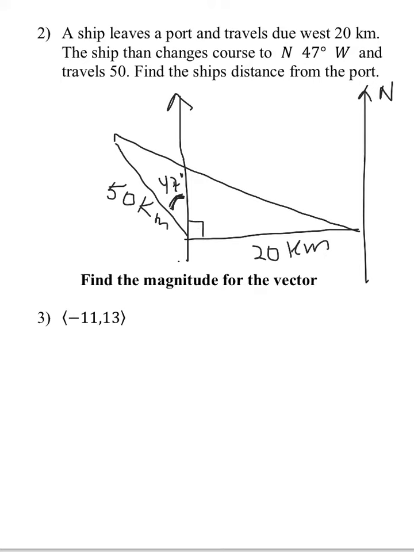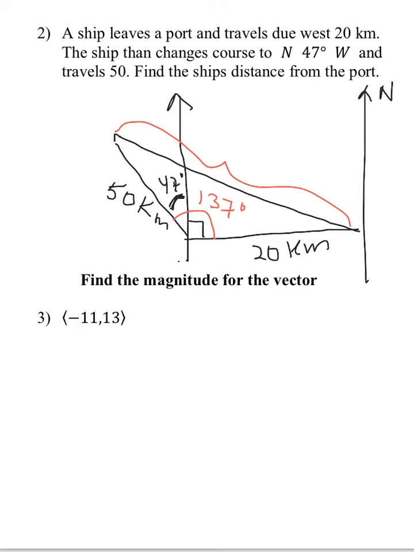What we're going to have to do is, this one right here is a 90 degrees, this one over here is 47 degrees, and I need to add those two together to get this angle right here, because this is my central angle, or my included angle. So I'm going to add those together, and I get 137 degrees. Now I need that included angle because I'm going to use the law of cosines to solve for this distance right here, because that's what I'm looking for.